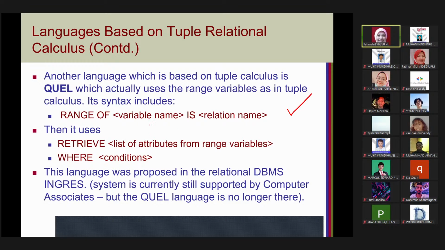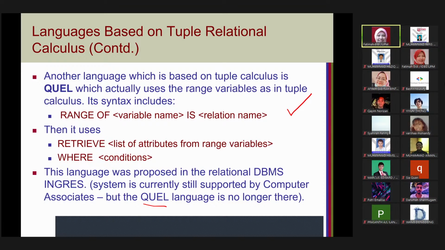It's the same thing, but the way the syntax is written is different from the SQL statement. This language was proposed in the relational DBMS Ingres. Ingres no longer uses QUEL, meaning that QUEL is no longer being used.